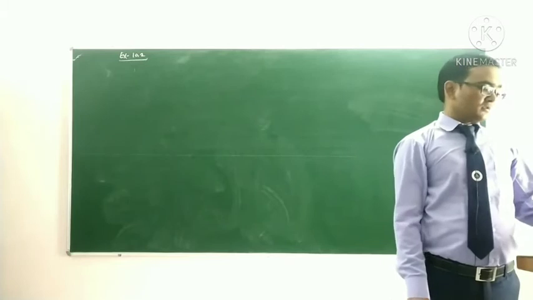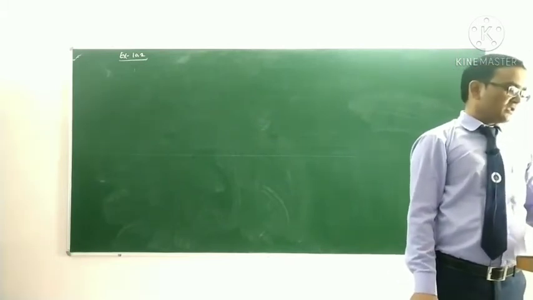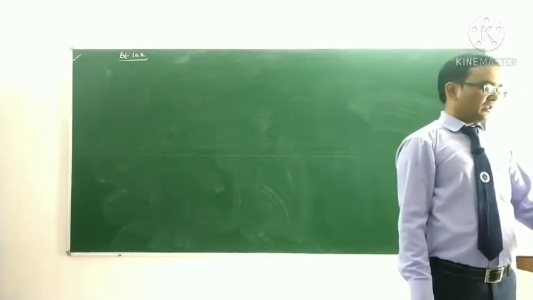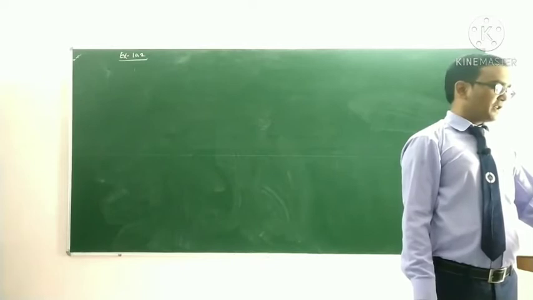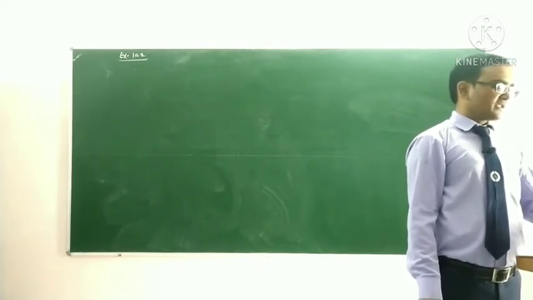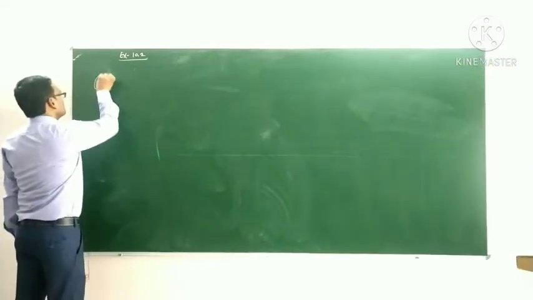Question number 8. The perpendicular distance from the origin is 5 units and the angle made by the perpendicular with the positive x axis is 30 degrees.